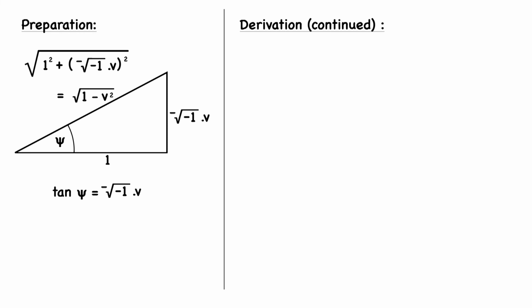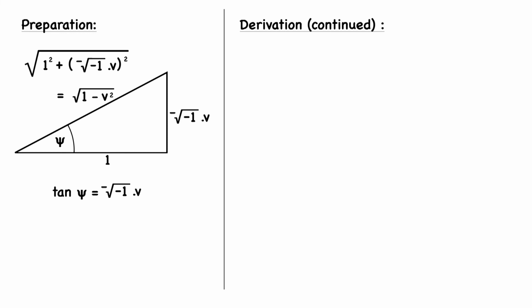So that will be the square root of this side squared plus this side squared. Oh, that's handy. Minus square root minus 1 all squared is just 1. So this messy term simplifies to just the square root of 1 minus v squared.